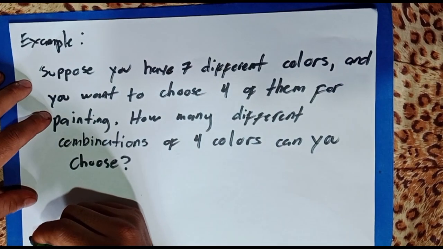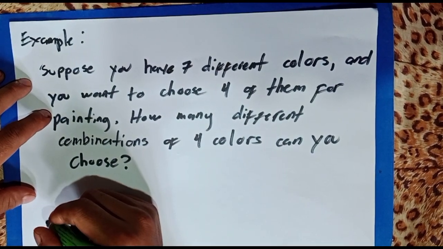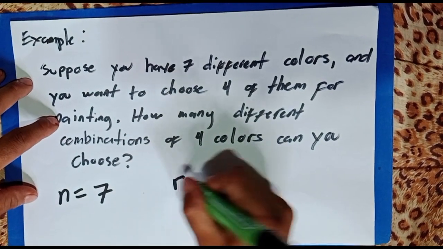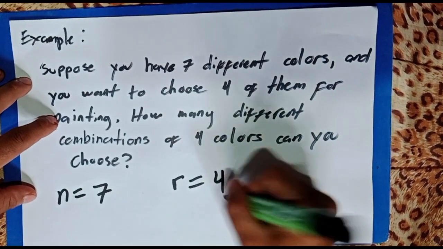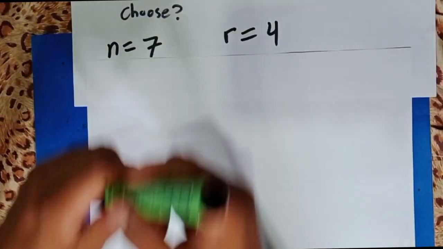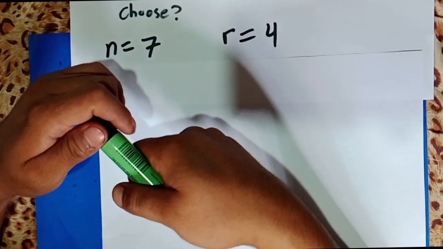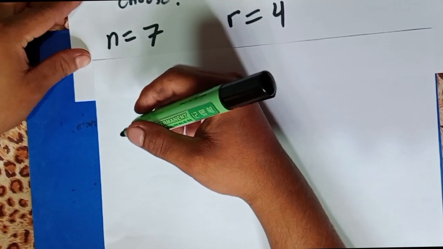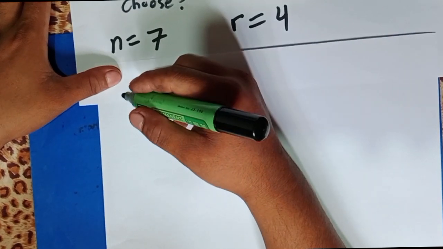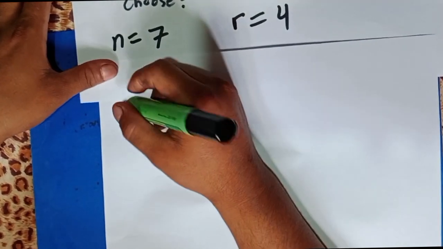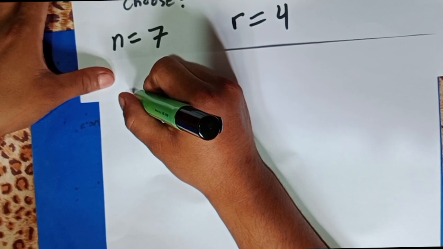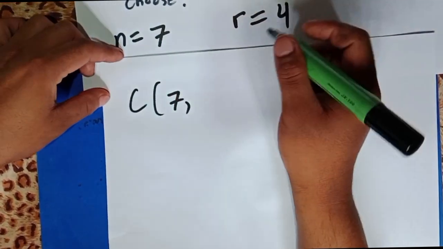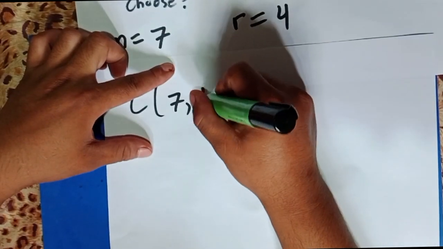Our n here is equal to 7 and our r here is equal to 4. Since we have n and r, let's put this in the formula for combination, C of 7 and 4.